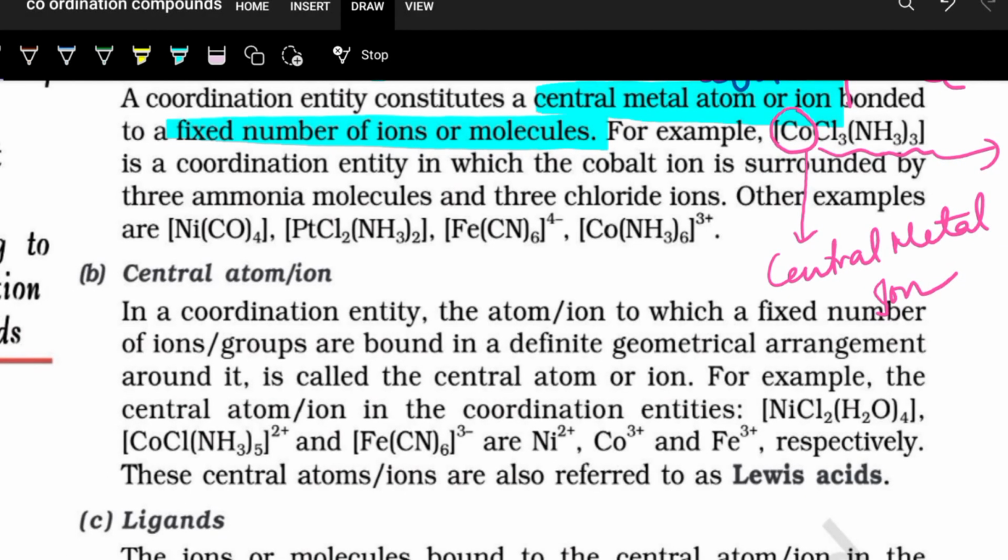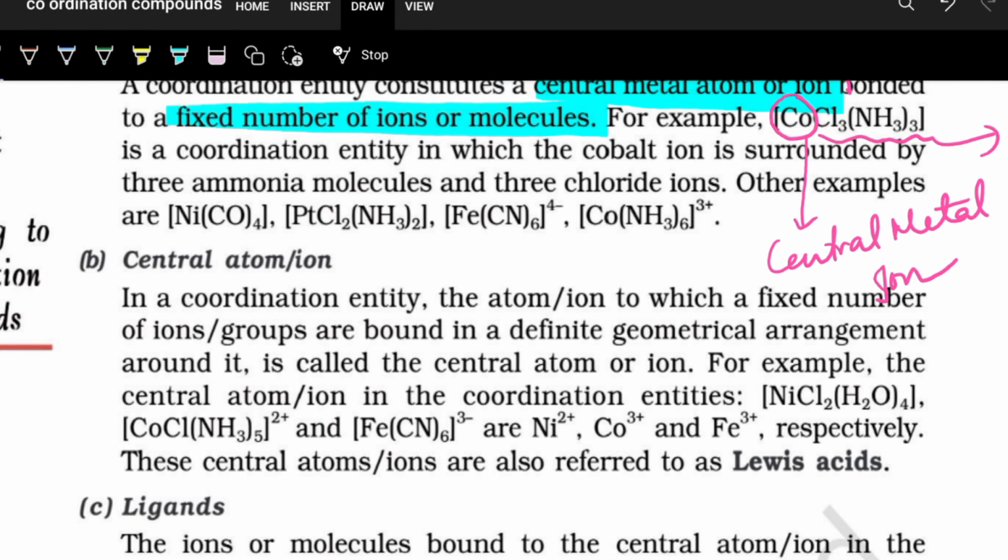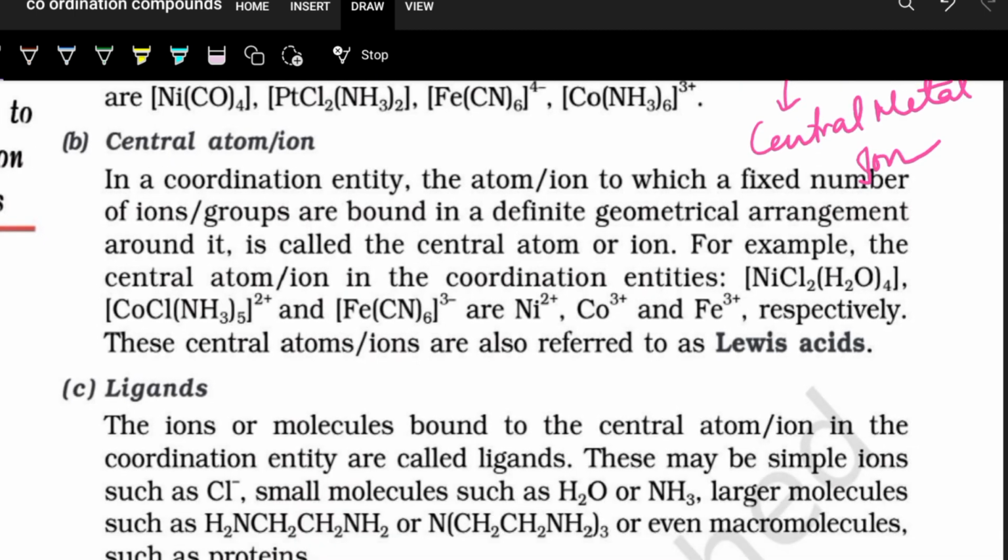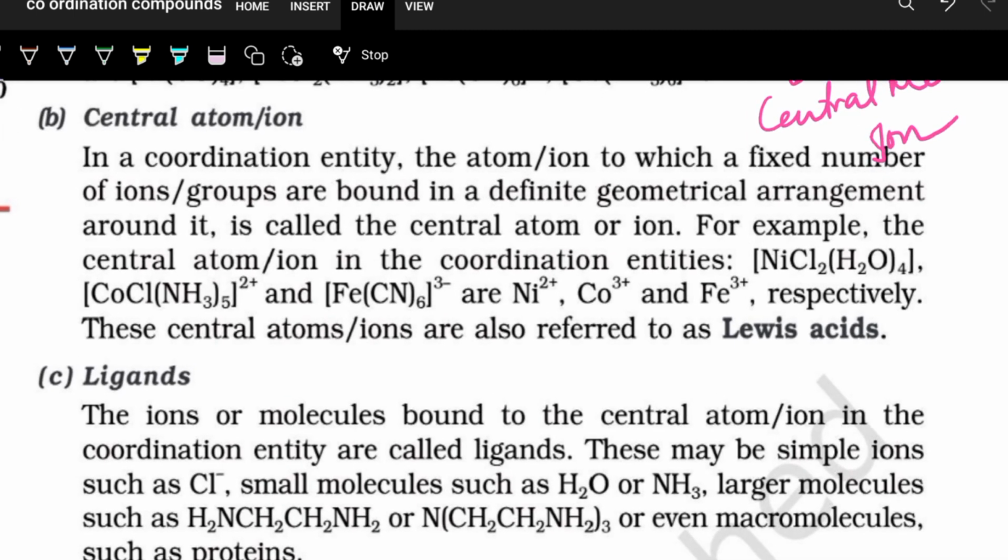So they are surrounded by two types of atoms. Let us see Cl minus: Cl minus is negatively charged. NH3 is neutral. So the central metal atom or ion has a fixed number of ions or groups that are bound in a definite geometry, which is known as the coordination polyhedra.